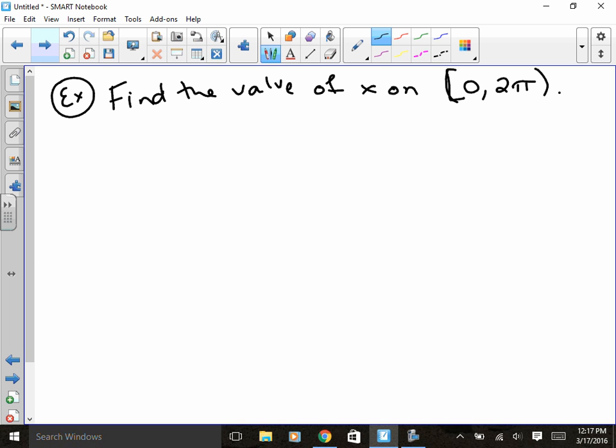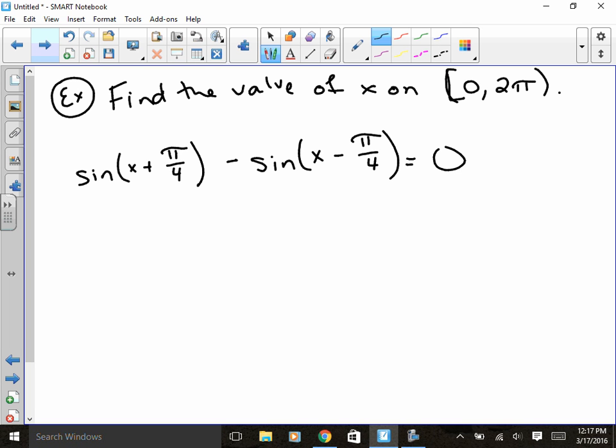So with this we have sine of x plus pi over 4 minus the sine of x minus pi over 4. And that equals 0. So we want to figure out what that x value could potentially be in order for this to be true.